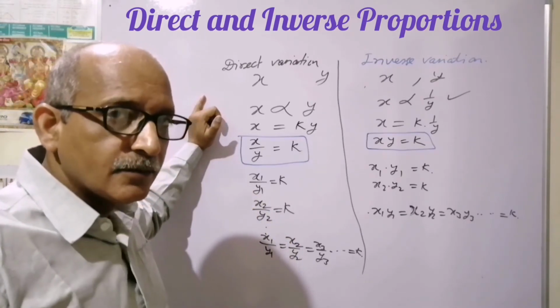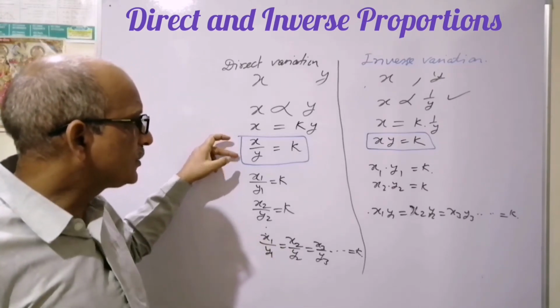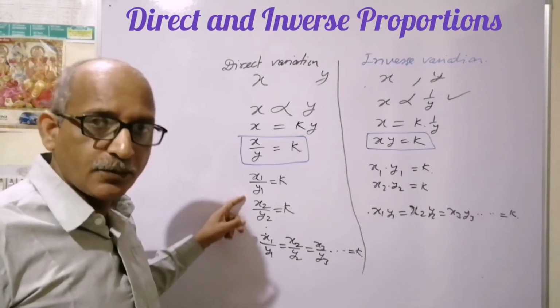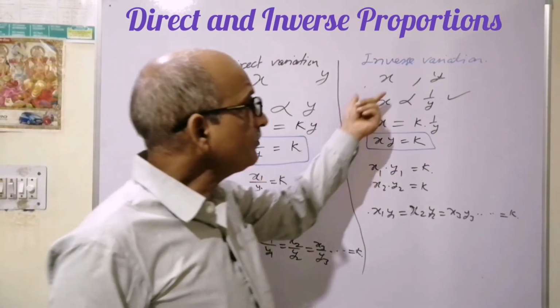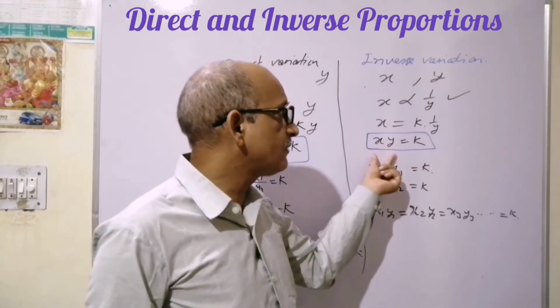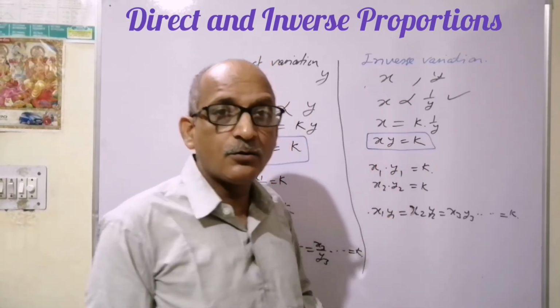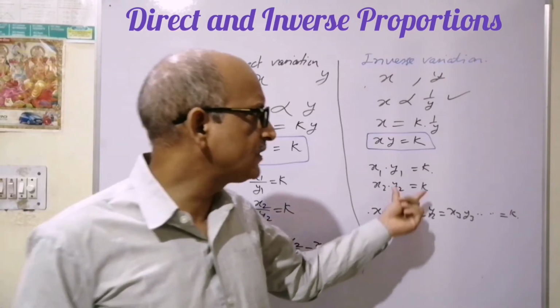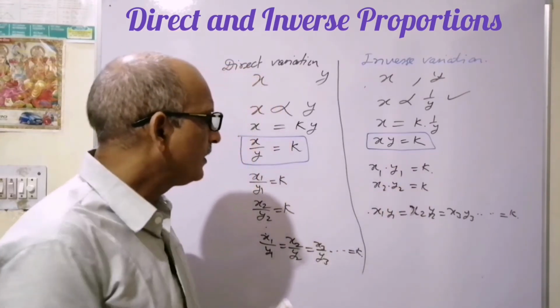If direct, then the ratio of the quantities will be constant, that is x1 upon y1 is equal to x2 upon y2. When variation is inverse, then their product will be constant, that means xy is constant. Only this is sufficient to keep in mind.